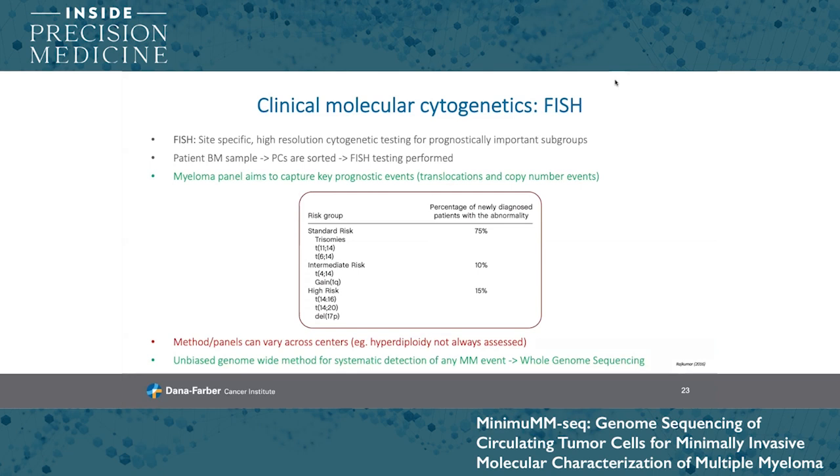A key limitation of the FISH test is that methods and panels can vary across different centers, such as not testing for all abnormalities in probe sets, or hyperdiploidy not always being assessed. A solution to this would be an unbiased genome-wide method for systematic detection of any myeloma event, such as whole genome sequencing used in MinimuMM-seq.